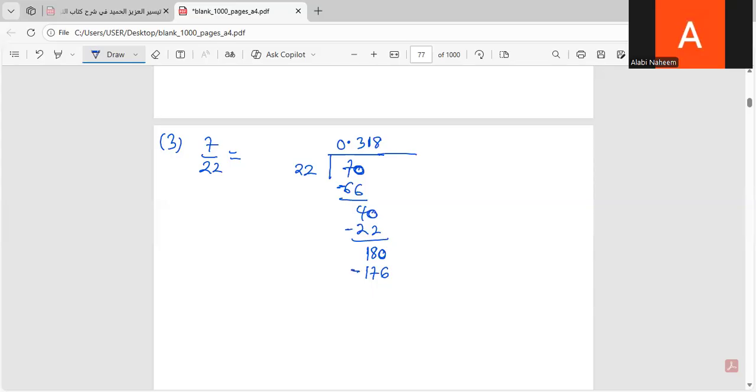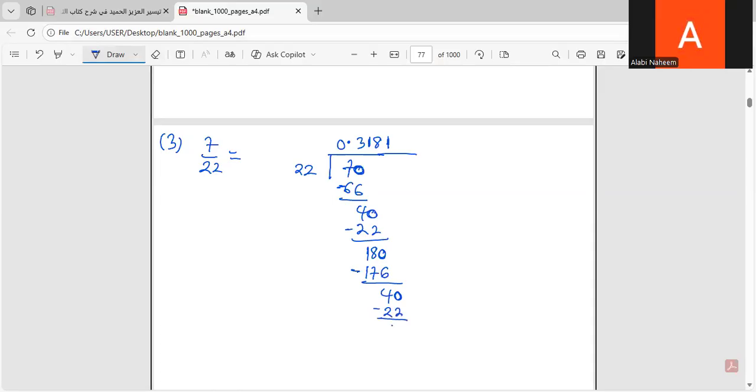We will subtract 180 minus 176. That's 4. Right? 22 in 4. 4 is smaller, so include 0. 22 in 40 is just 1. 22 times 1 is 22. You subtract.